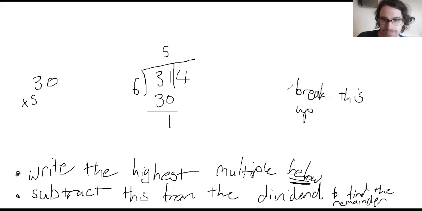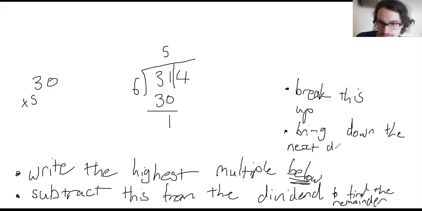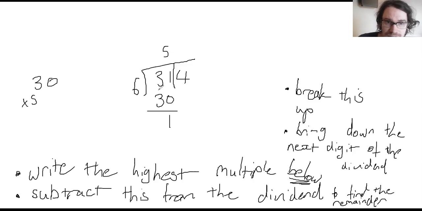Now we've got a new step. The new step is bring down the next digit of the dividend. So here is our dividend, and now we're going to bring down the next digit. We're going to put it with the remainder and do division again.